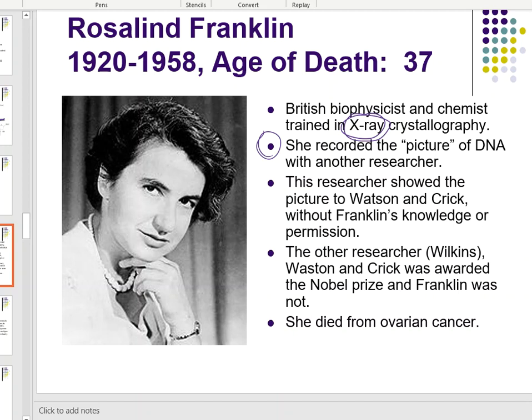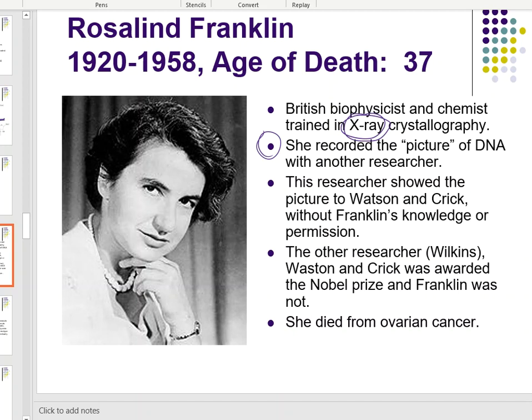Did your instructor ever mention this woman? I guarantee you that they mentioned Watson and Crick. I guarantee you they told you about the structure of DNA and how important their studies basically were to the scientific community. But at any point in time, did they tell you about Wilkins and Rosalind Franklin? If they did not, then they did not provide these people the justice that they deserve.